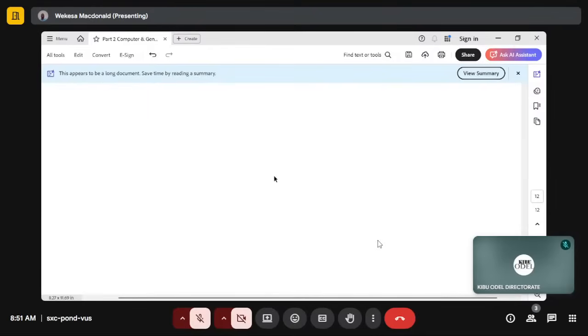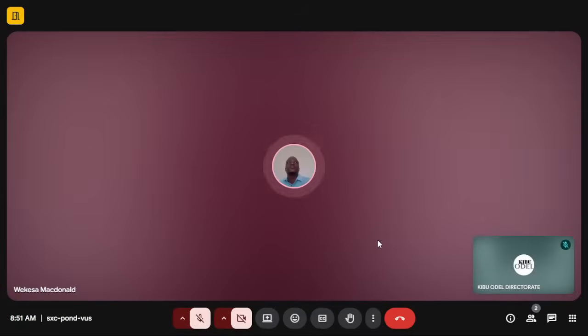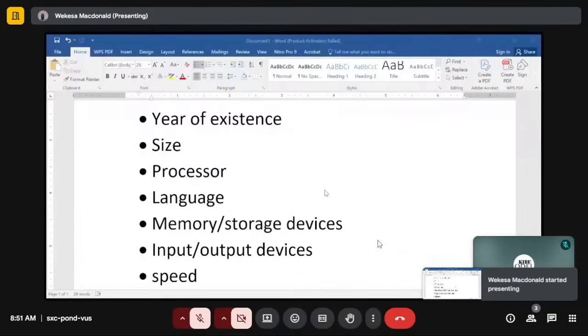I think we need to mention about classification of computers.